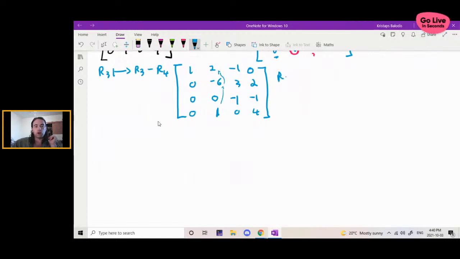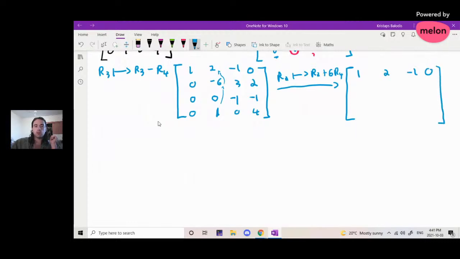So I could go row 2, of course, is going to become row 2 plus 6 times row 4. So what do I get here? I get 1, 2, minus 1, 0. Row 2 is going to be 0, 0. Here I have a 0, so that's not going to change the entry at all.